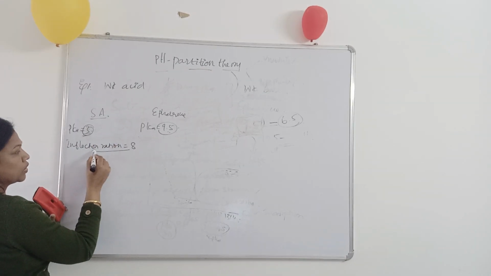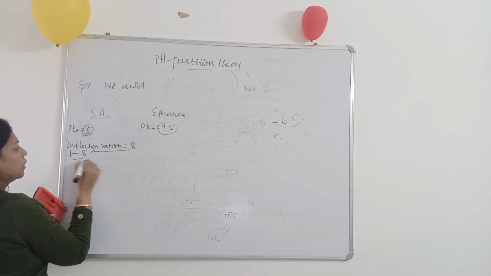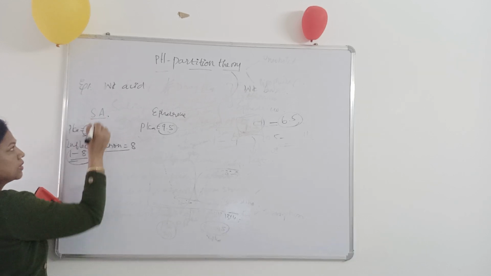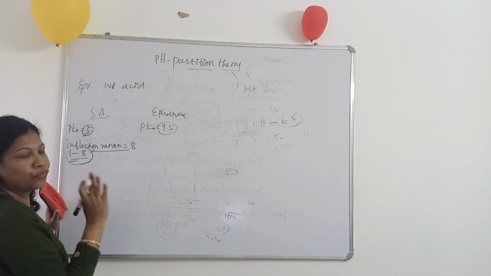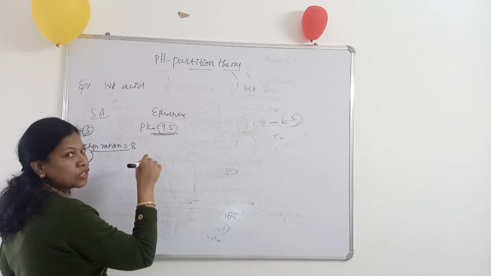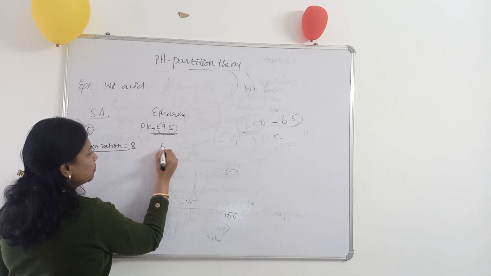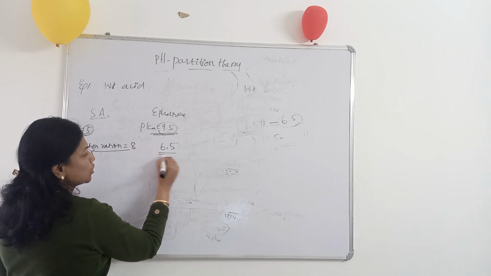That is, the absorption was maximum before pH 8, that is 1 to 8. Throughout the physiological pH, the salicylic acid was uniformly absorbed, whereas in case of ephedrine, it was expected to have an inflection point at 9.5, but the inflection point took place at pH 6.5.